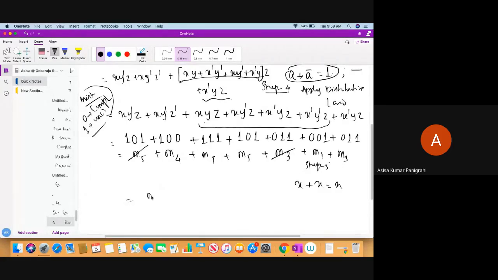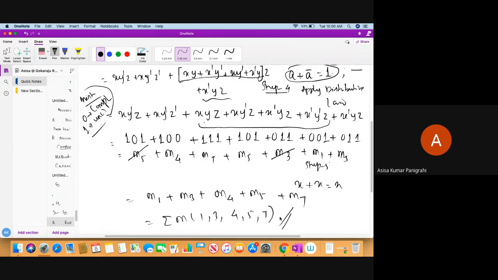So finally our equation is M1, M3, M4, M5, M7. That is the summation of 1, 3, 4, 5, 7. Do you all understand, students? So this is actually your canonical form. Any doubts, students? Please let me know.